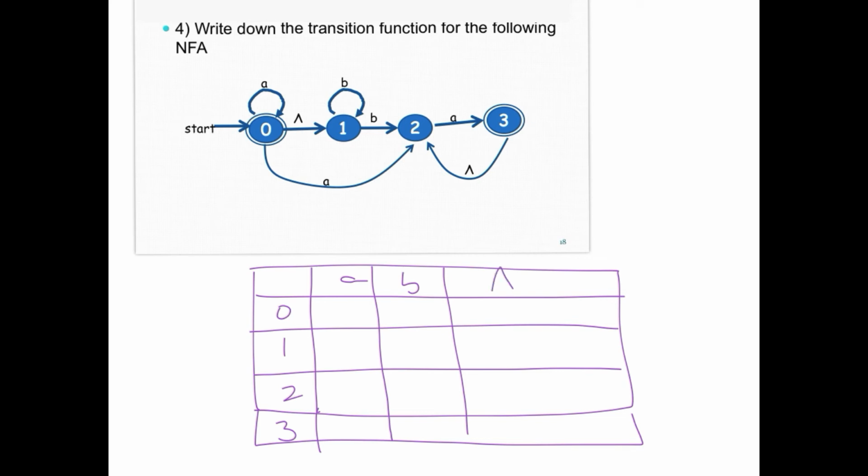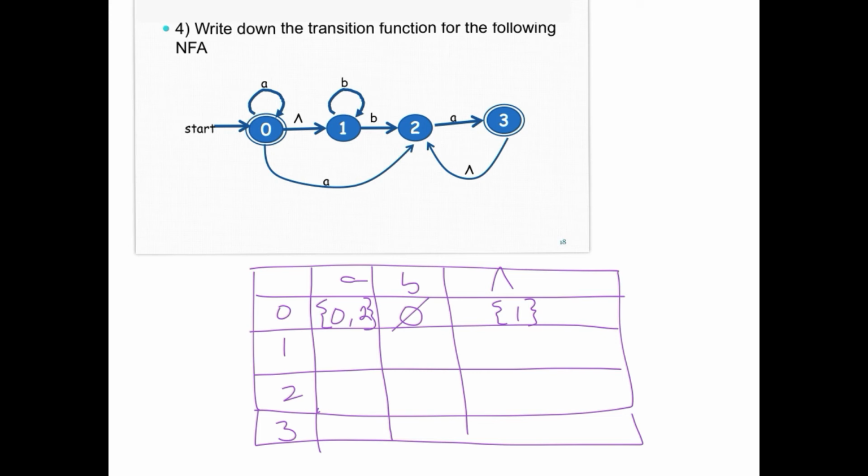So if we are at state 0 and we see an A, it looks like I can stay at state 0 or go to state 2. If I'm at state 0 and I see a B, there are no transitions from there, so empty set. And state 0 on a lambda can take me to state 1, so I put that in curly braces, right?